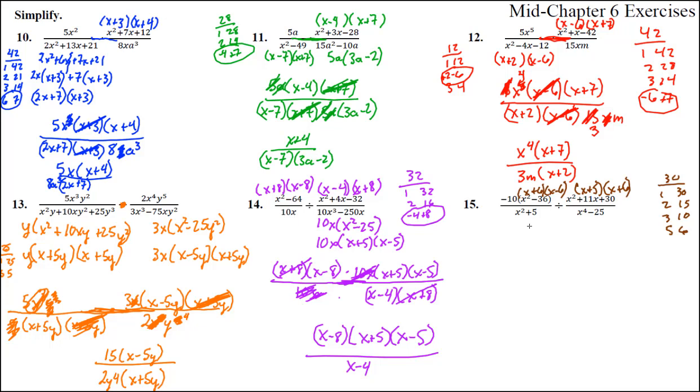Good. Does this factor? No. It's only two terms, x squared plus 5, and 5's not a perfect square anyway, so that's out of the herd. This one, though, that's a difference of two squares, so that's x squared plus 5 and x squared minus 5. Yeah, there we go.